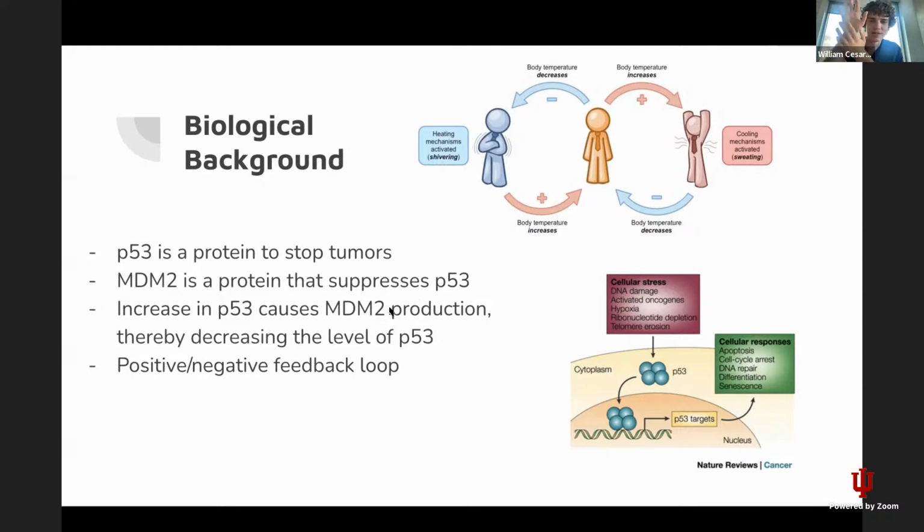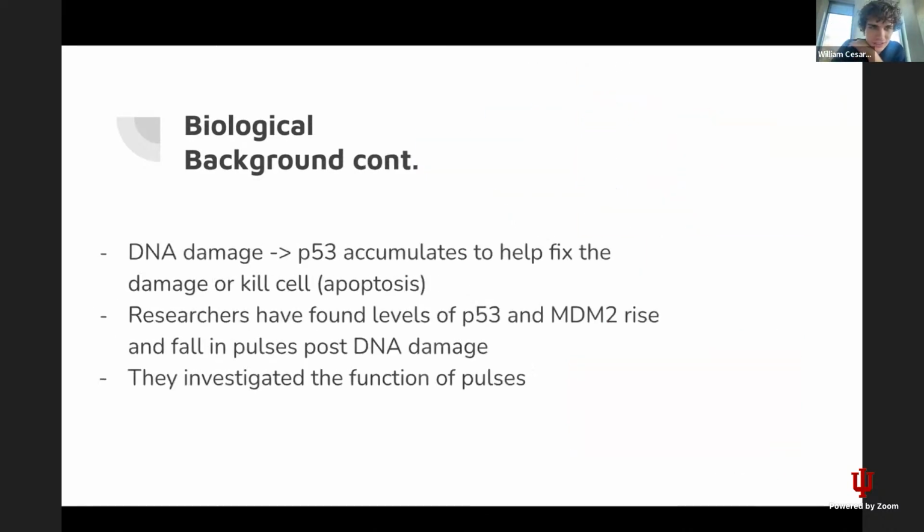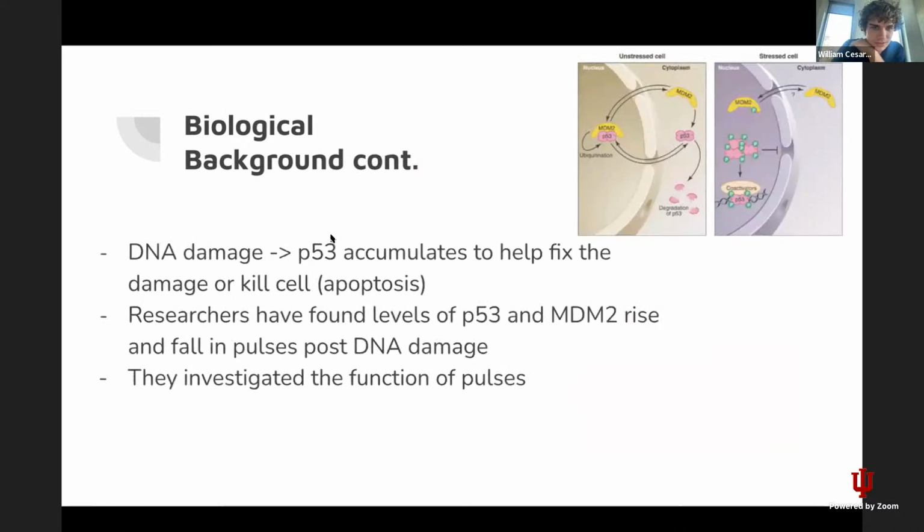And then the increase in production of MDM2 decreases the production of P53. So it's a cyclic relationship that keeps the levels in a steady state within a cell.